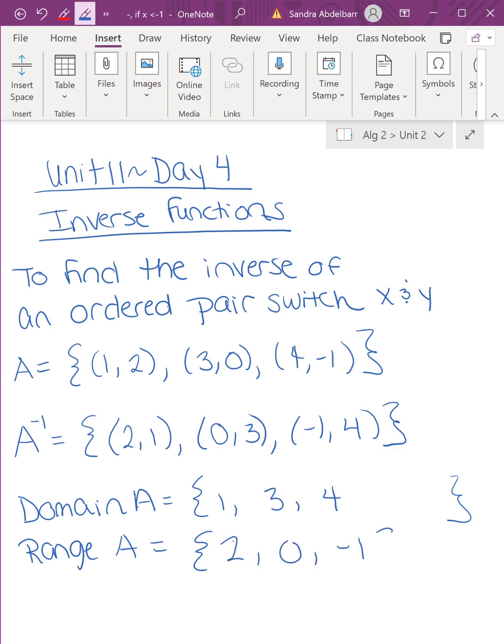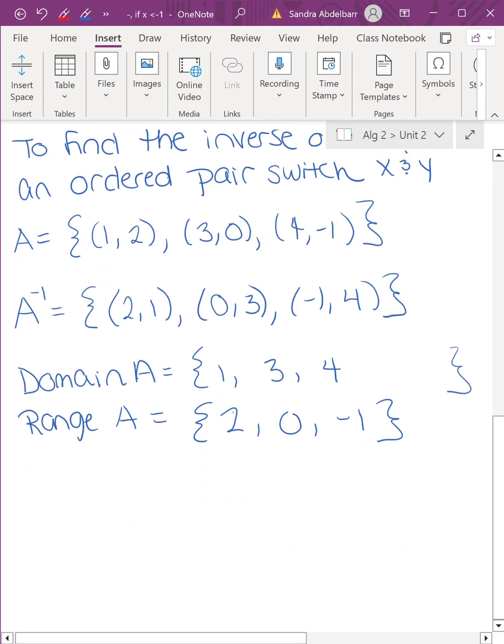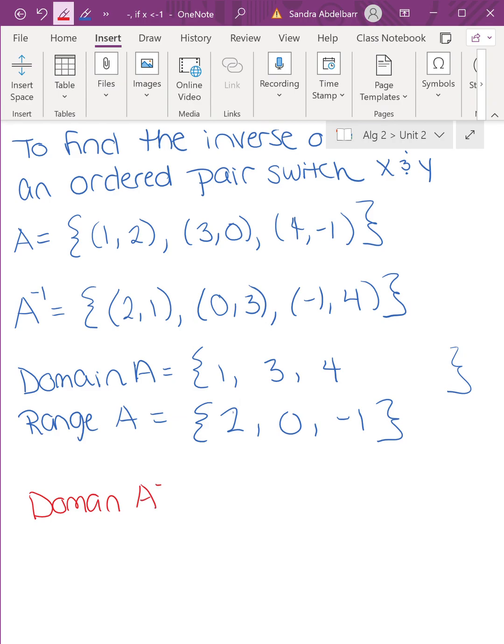You got it. All right, now answer this. What is the domain of the inverse of A? 2, 0, negative 1. Someone different tell me, what is the range of the inverse?